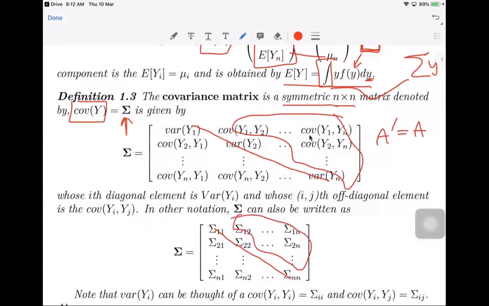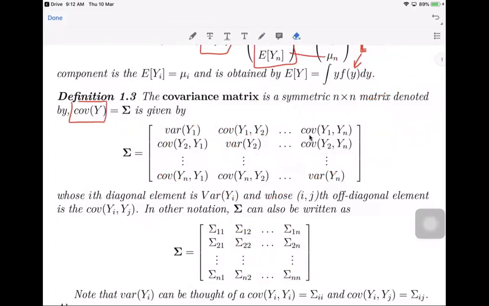Since it is symmetric, the entries are mirrored across the diagonal. These are just two notations of your sigma.